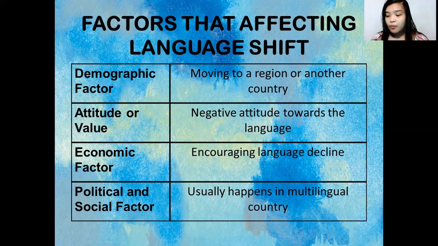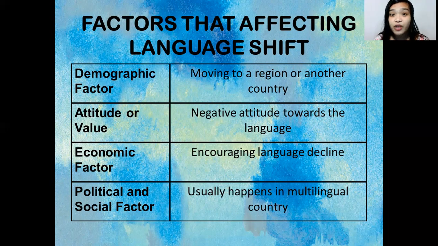Most economic factors may lead to bilingualism, and when you are bilingual, either you forget the other language or you maintain it, just like subtractive and additive bilingualism. It is an advantage if it is additive, like you mastered two languages.